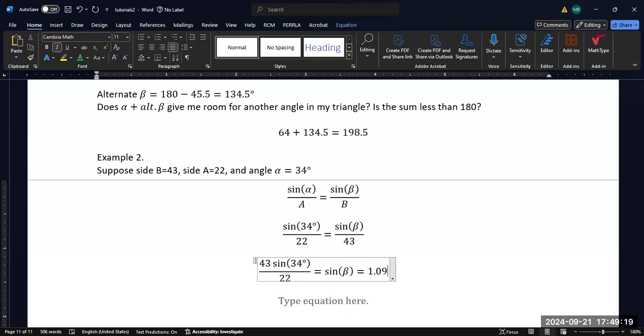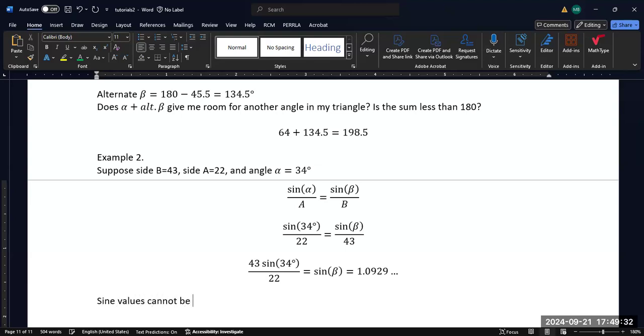And so this is another scenario that you also kind of have to watch out for. Sine values cannot be greater than 1, so no beta exists.